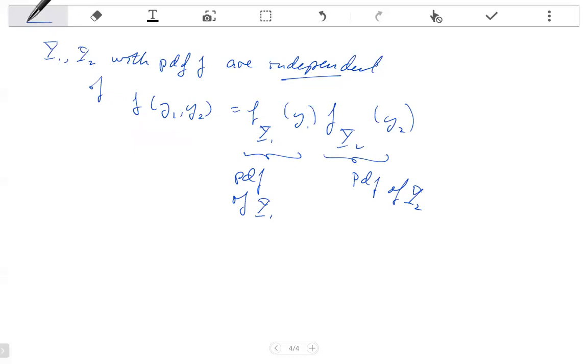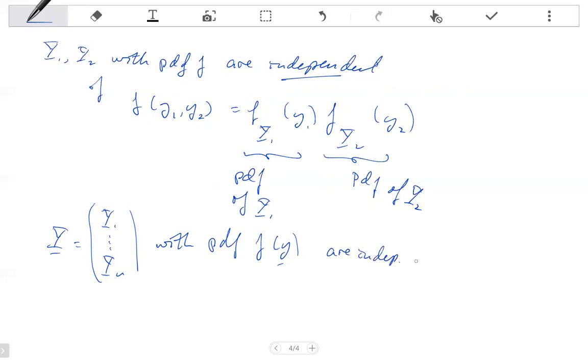Similarly, a vector random variable y1 through yn with PDF f of y has independent components if and only if you can write f of y, vector y, as f1 of y1 times f2 of y2, times and so forth, all the way up to fn of yn.